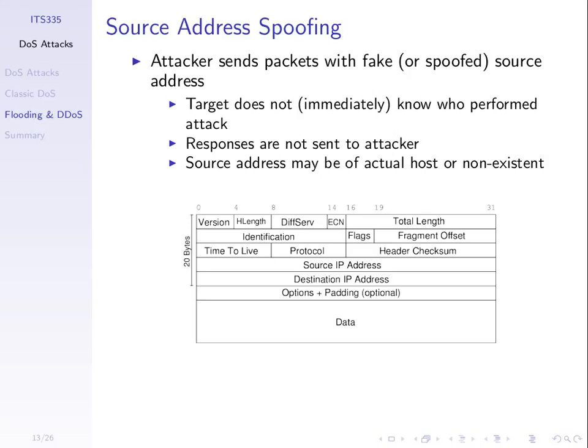The benefit for the attacker is that the target doesn't immediately know who performed the attack. It will not be coming from that 203 address, it will be coming from somewhere else. So the target cannot quickly identify who's attacking. And any responses that come back, those echo replies, do not come back to the attacker. They go to someone else, so they're not of concern to the attacker.